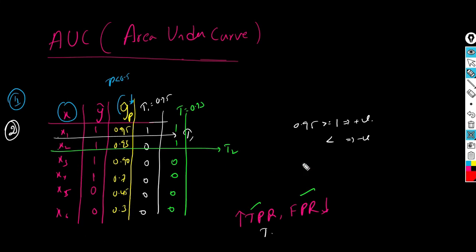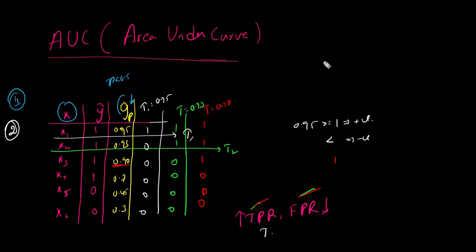The next threshold value is 0.90. With this we again find TPR and FPR. This way, for the 6 points we will get 6 true positive rate values and 6 false positive rate values.